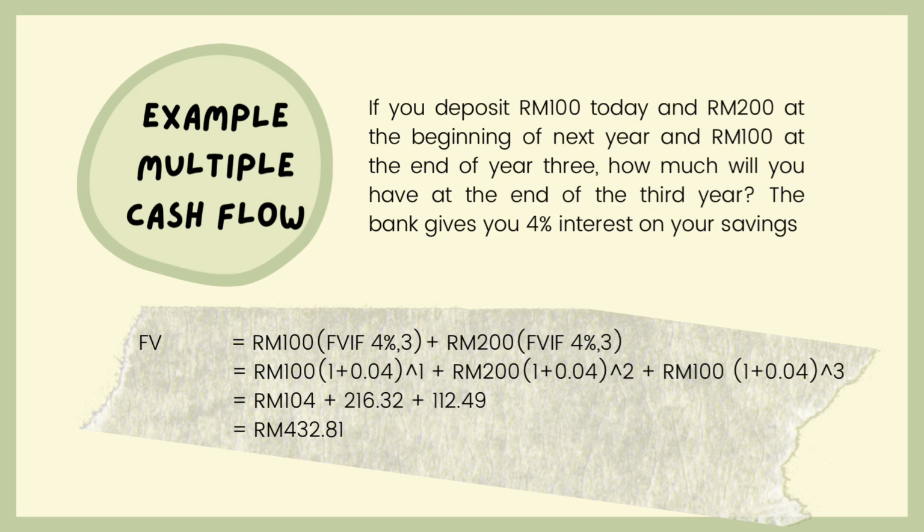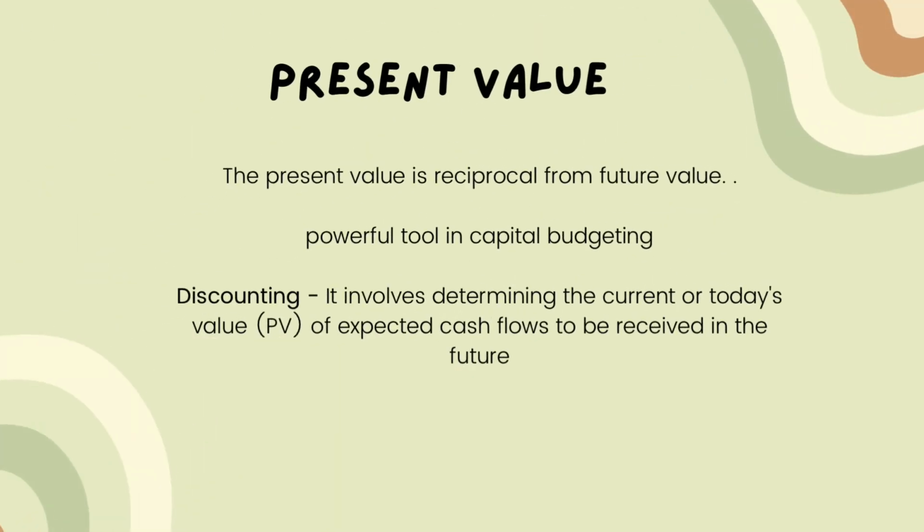So, we will sum up all the answers for today, the next year, and also year 3. Using the same equation for FVIF, which is 1 plus k to the power of n, the total answer equals RM432.81.